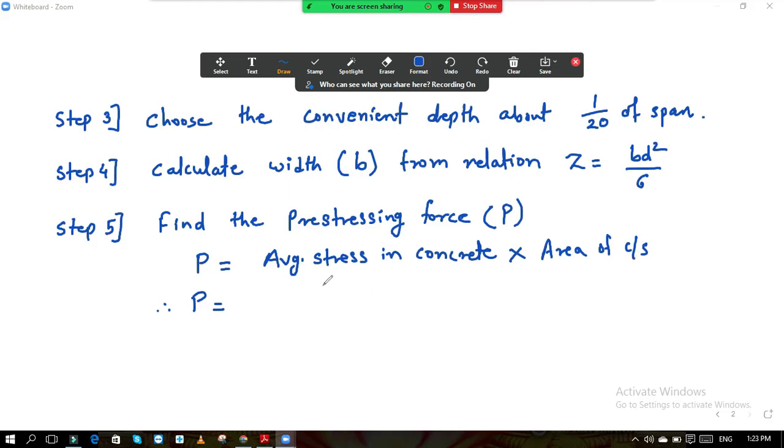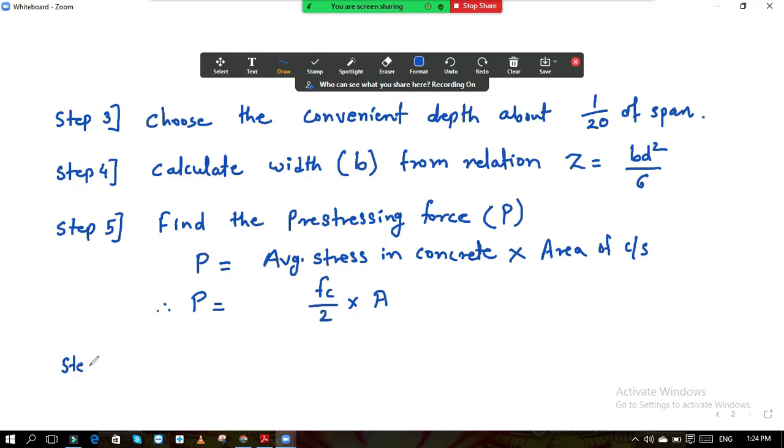So average stress in concrete can be calculated as FC by 2, because at the start the stress is 0 and right now the stress is FC. So the average is 0 plus FC divided by 2. So it is FC by 2 multiplied by area, multiplied by A. Okay. So now this is the finding out the prestressing force, step number 5.